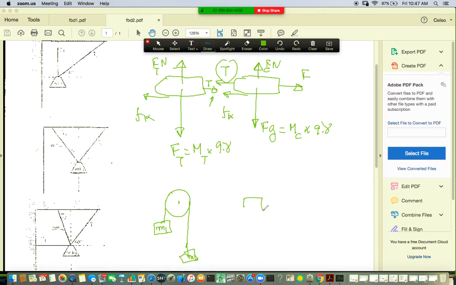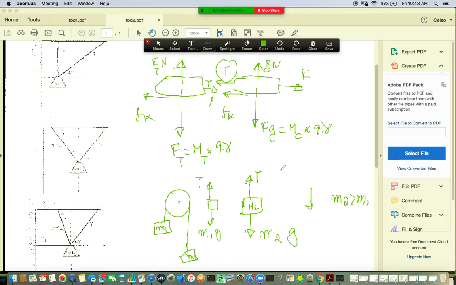So if you look at the M2 mass, you have the weight of it, and you have a tension. And if you look at M1 on the other side, you have the weight, and the tension is the same. If it's moving down, it means M2 must be bigger than M1.